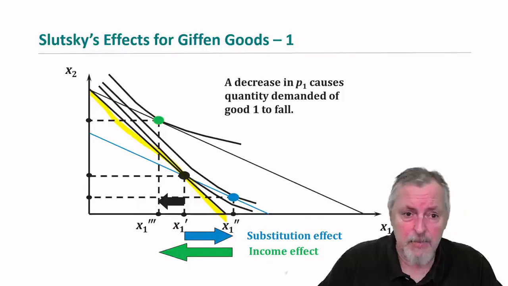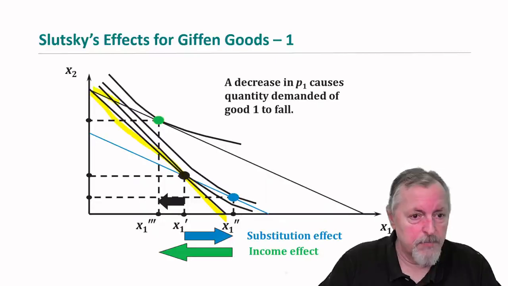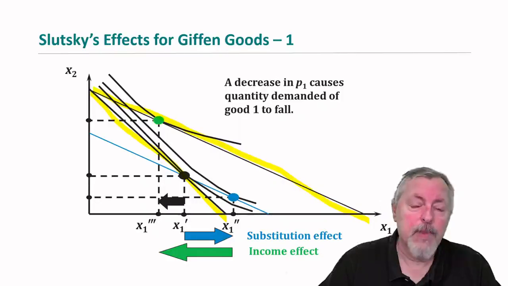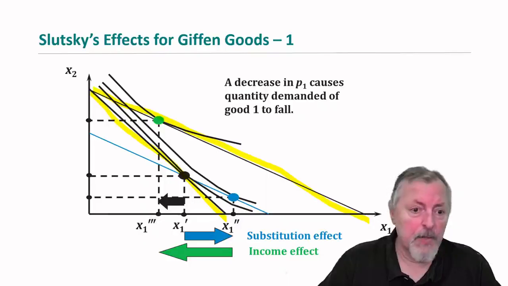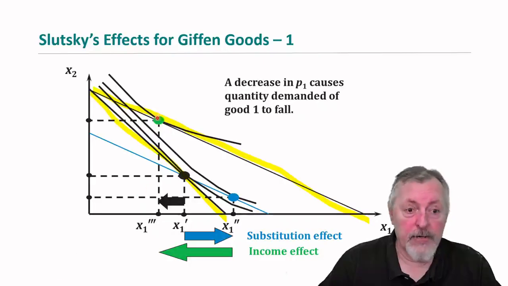And you're at the black point. The price of thing one drops. And so you shift in the real world to this budget line. And you re-optimize from the black dot to the green dot.